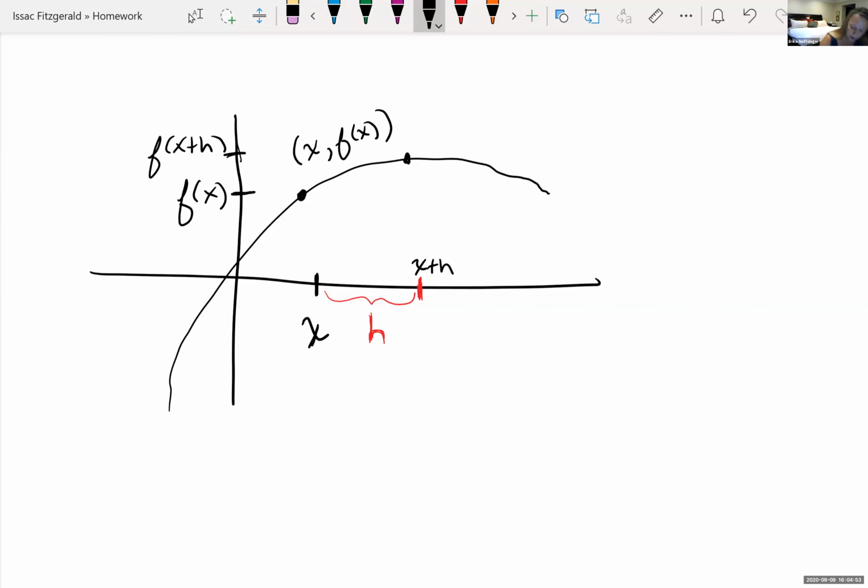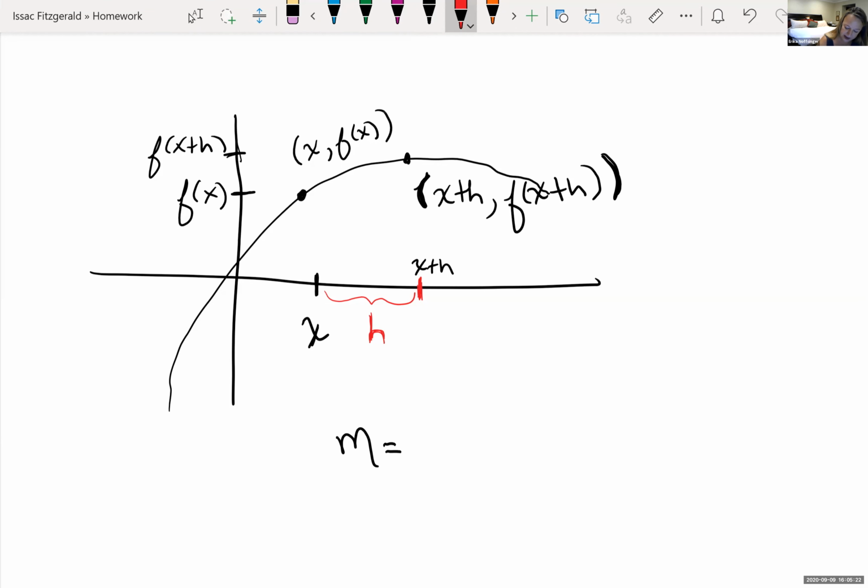I'm just going to write my points out generically. This is x, f of x. This is x plus h as my x value, and f of x plus h. Well, if I took the slope between those 2 points, that's the change in my y value.